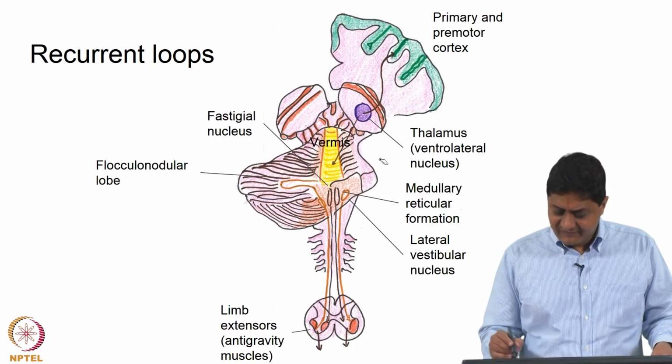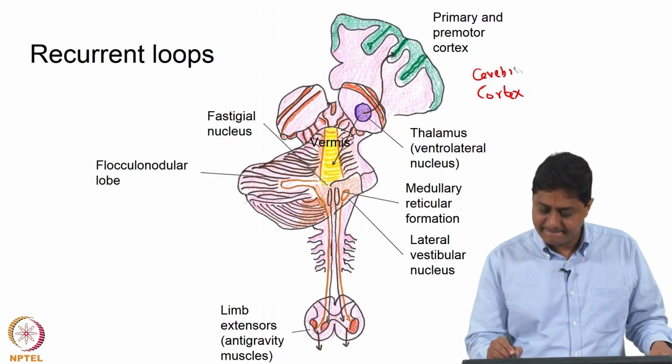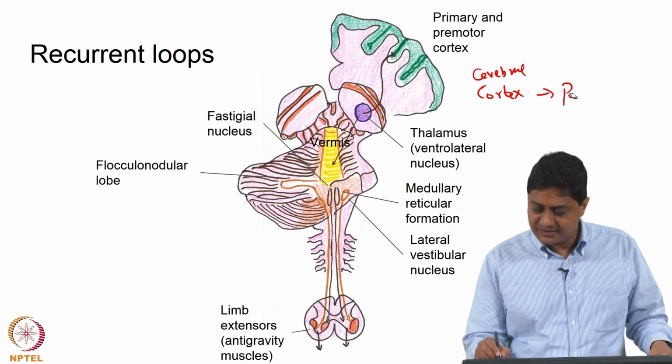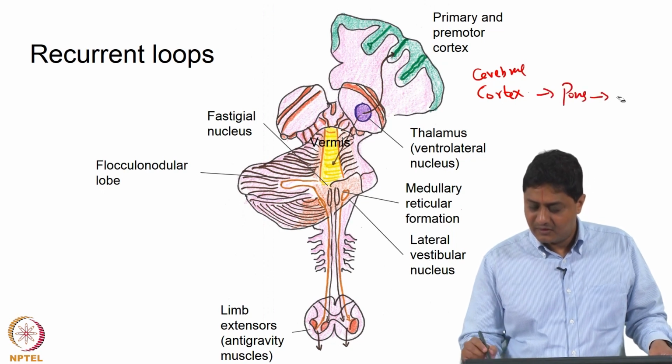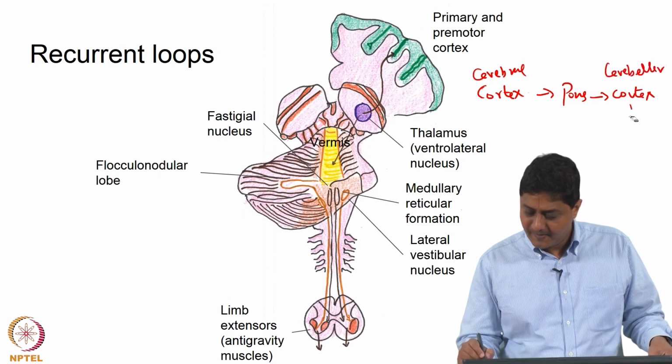So, the cerebellum receives input from the cerebral cortex via the pons, and then it goes via the cerebellar cortex and via the deep nuclei.